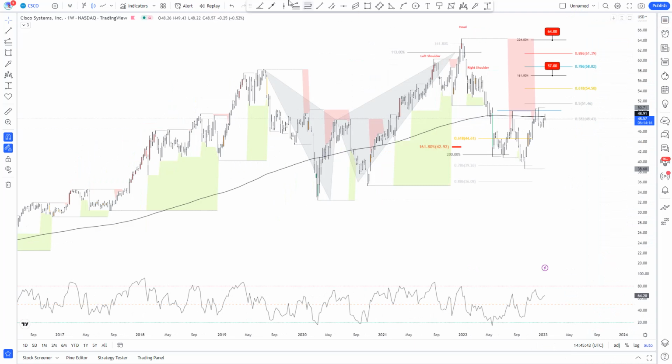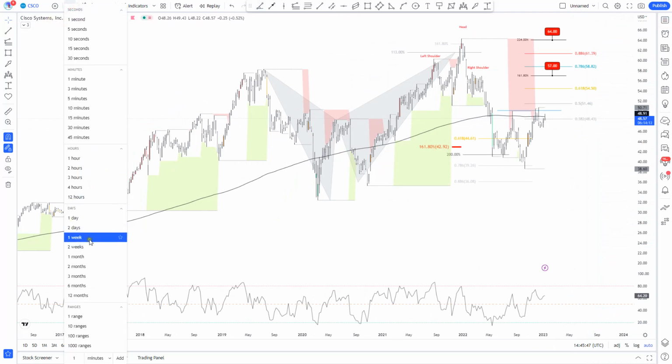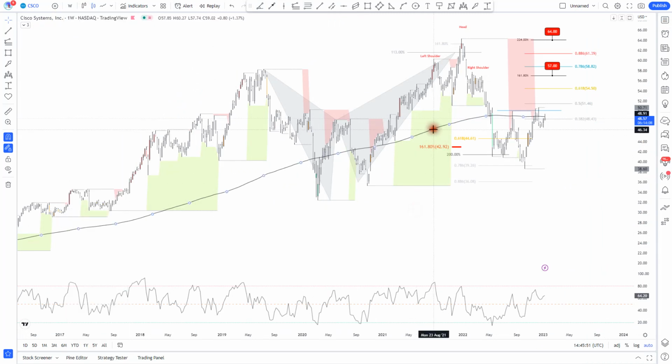I will keep my time frame between the weekly and the daily time frames. We will pay attention to the daily moving averages, the 200 daily moving average and the weekly moving average.